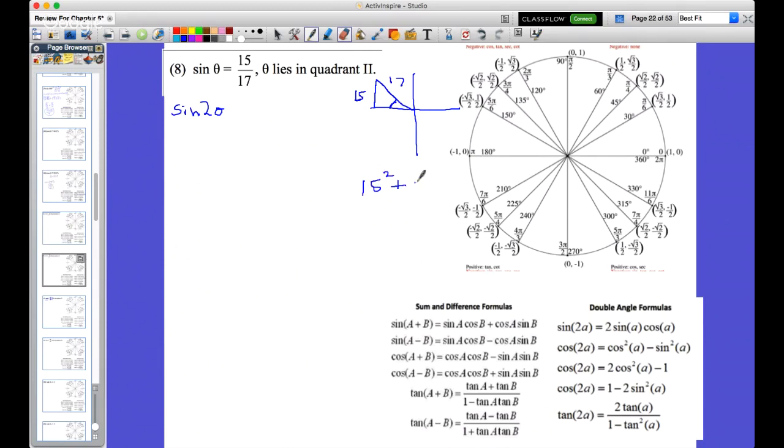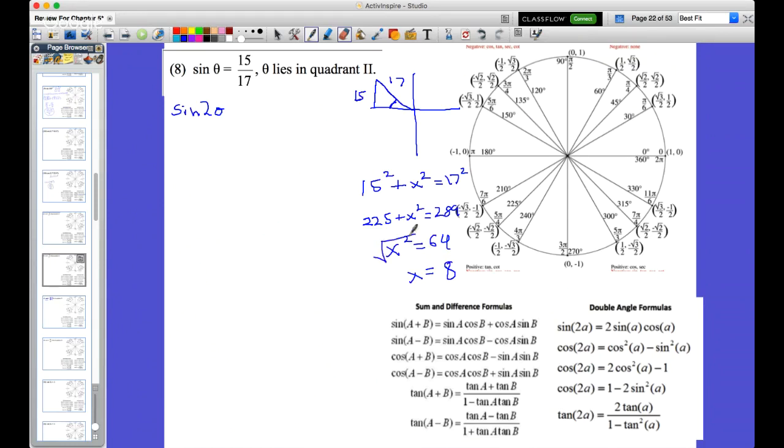15 squared plus x squared is equal to 17 squared. That's going to give me 225 plus x squared to get 289. And then if I continue to simplify, I'd eventually get x squared to be 64, where x would be equal to positive or negative 8.